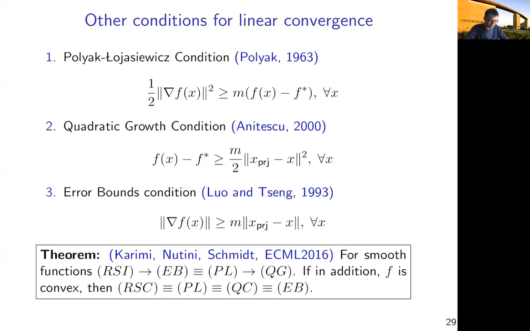The quadratic growth condition, on the other hand, sits on the flip side. It says that the suboptimality can be lower bounded by the distance between x and its projection onto the space of optimal solutions, x star. The error bound condition tries to upper bound the same distance to the set of optimal solutions using the gradient.